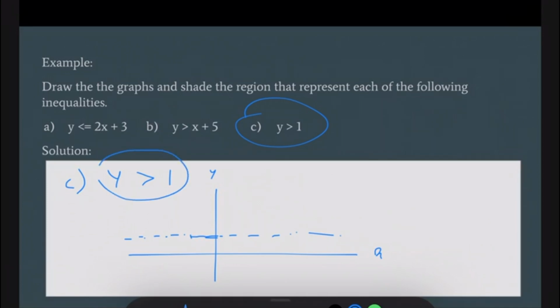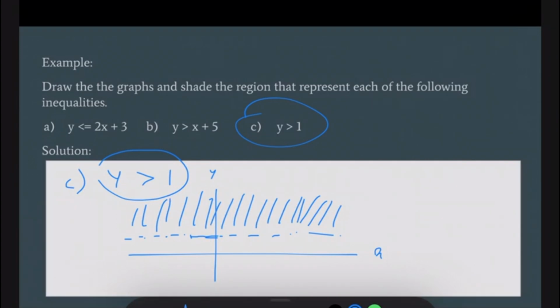This means y is more than 1, so we have to shade the upper region. More than 1 means 2, 3, 4, 5, 6, 7, 8. So this is the answer. At first you need to draw and then you shade it.